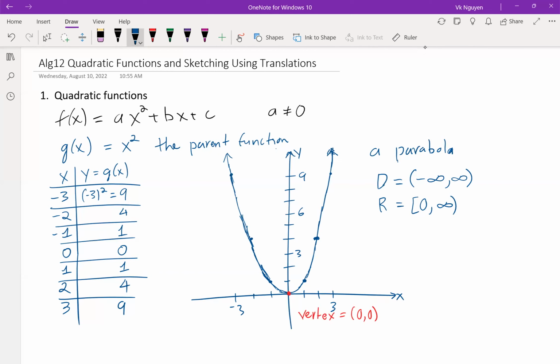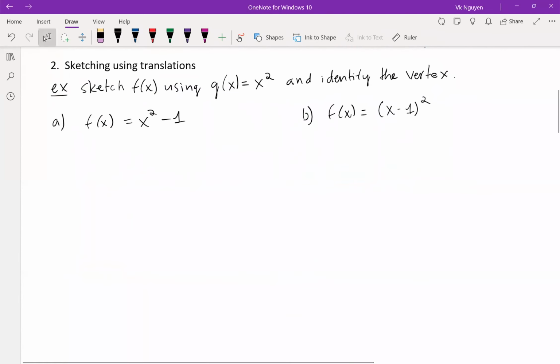Let's take a look at how we sketch other functions using translation. Example, sketch f(x) using g(x) = x squared and identify the vertex. Okay, so we know f(x) = x squared minus 1. That's the first example. g(x) = x squared.